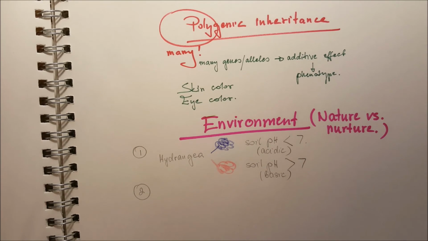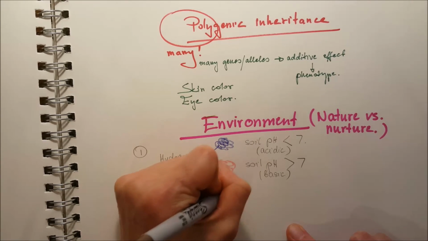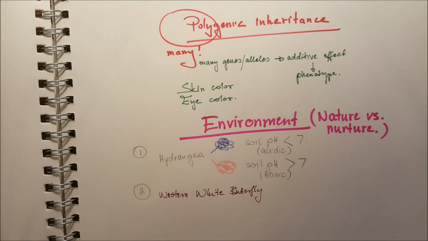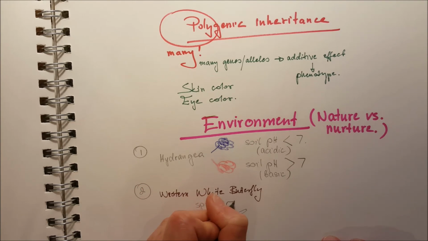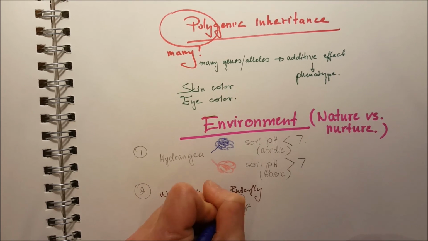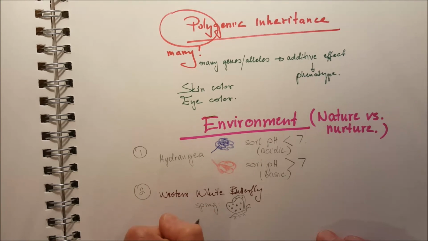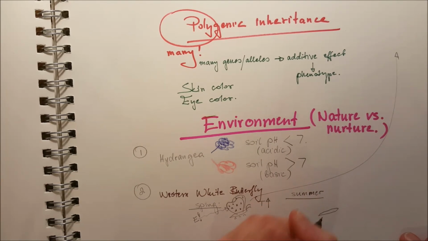The other example is the western white butterfly. The butterfly can hatch in the springtime, and in springtime the butterfly will have some dark spots on its wings, because these dark spots will absorb more thermal energy from the sun, solar energy, and will let the butterfly increase its temperature, and it will be able to fly away quicker.